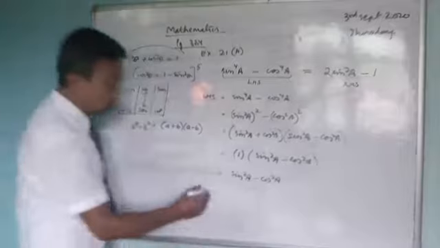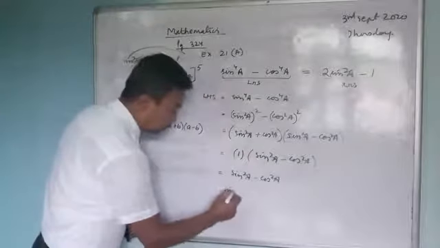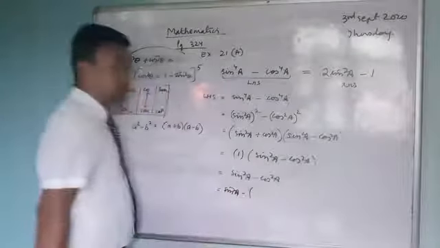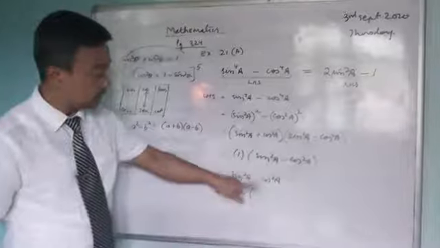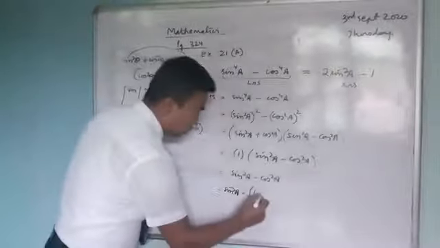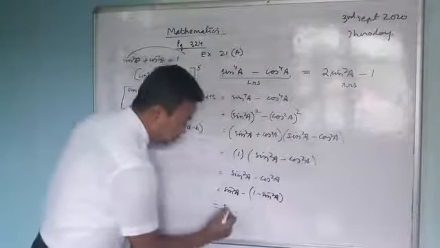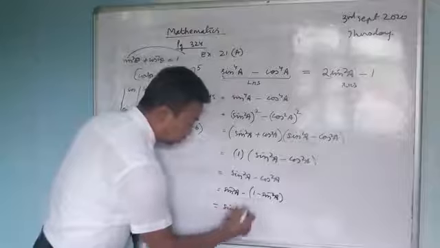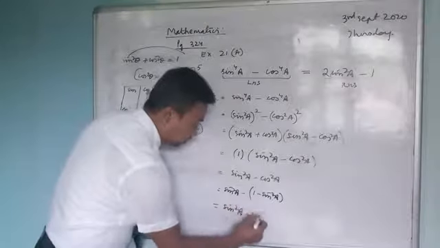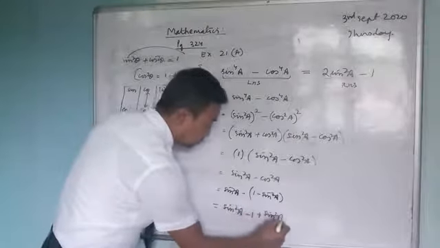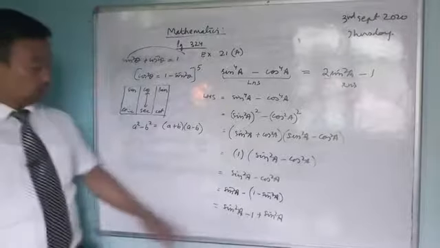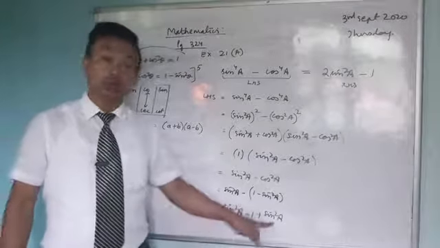So now in place of cos square A, you have to open the bracket because there is a minus sign in front. What is cos square A? You have learned just now: 1 minus sine square A. Now open the bracket: minus minus becomes plus sine square A. Now there are 3 terms.